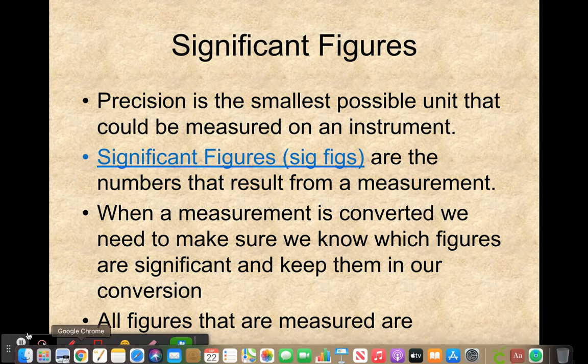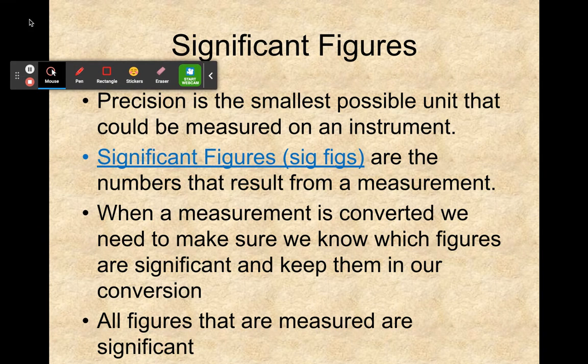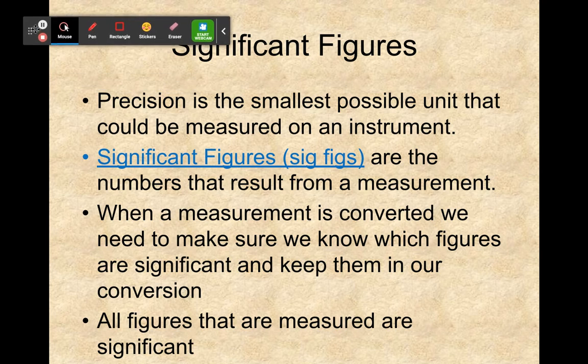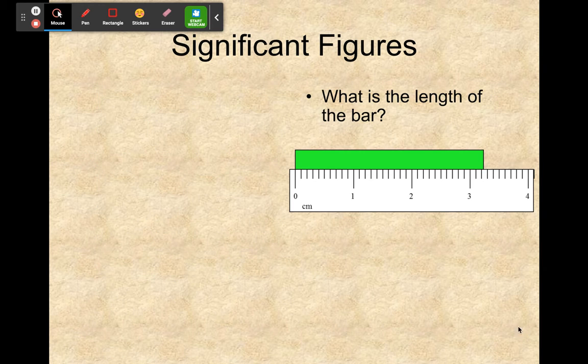All figures that are measured are significant. It's up here for you. So, if we're trying to figure out the length of the bar, we're going to use the ruler, and right now it's in centimeters.